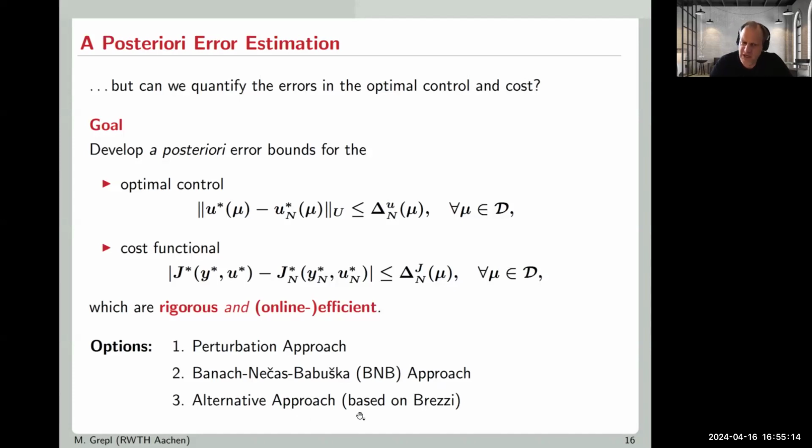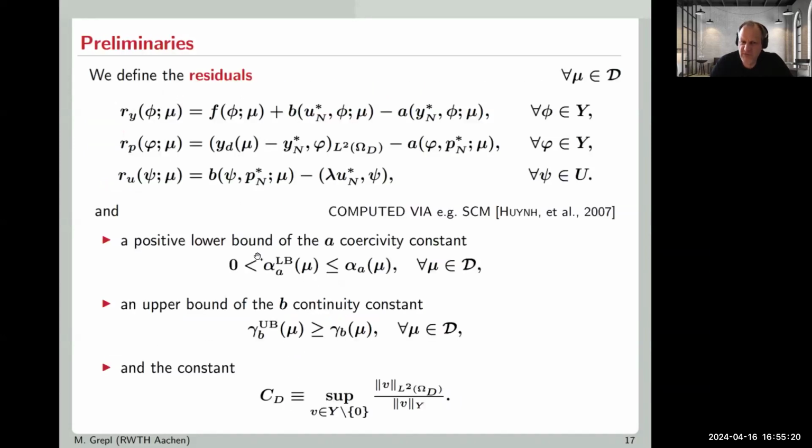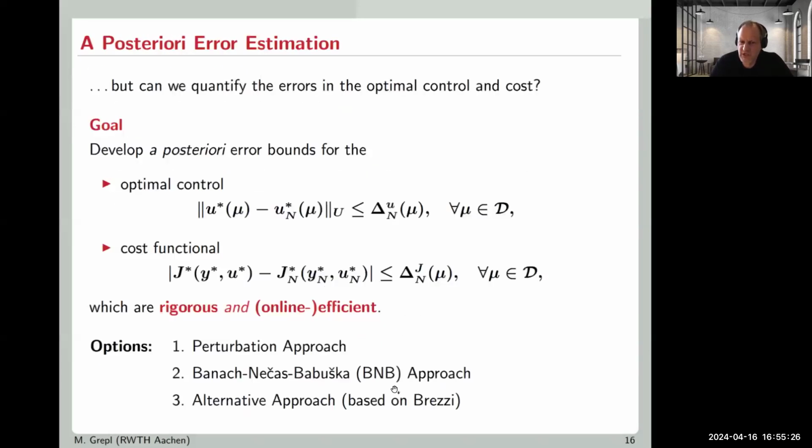The other advantage of this alternative approach is that if you look at the formulation, you require a lower bound on the coercivity constant, whereas if you do the BNB approach, which actually performed closest to the third approach, you require a lower bound on the inf-sup constant of your optimality system.